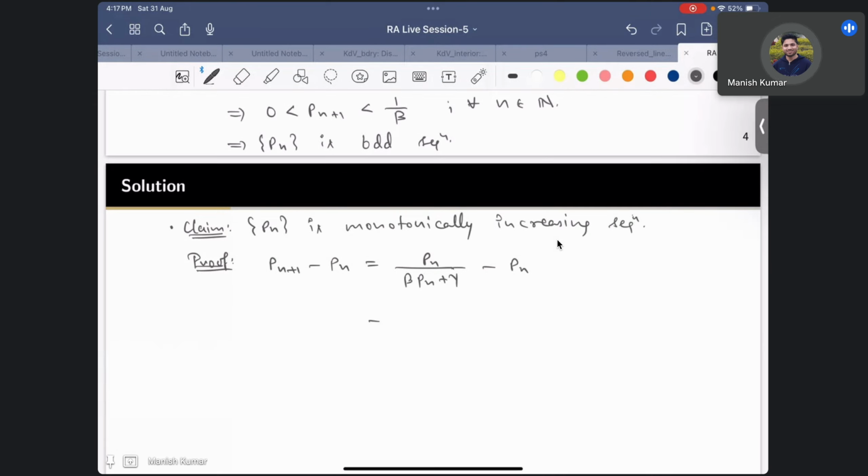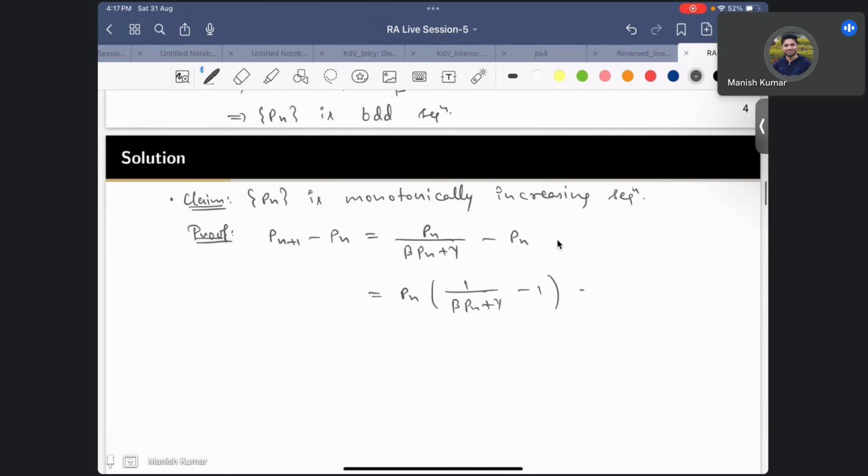Now what we can do is take Pn common, then we have 1 by beta Pn plus gamma minus 1. Now you just take the LCM, and if you subtract, what you get is 1 minus beta Pn plus gamma over beta Pn plus gamma.